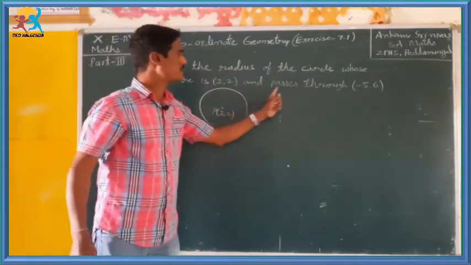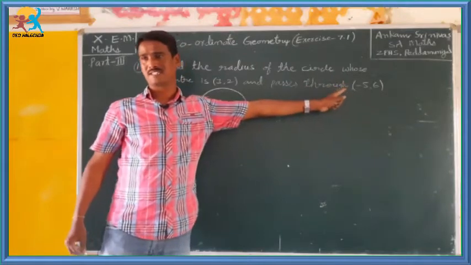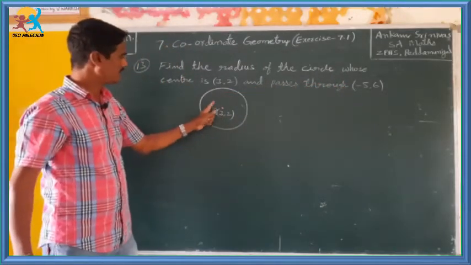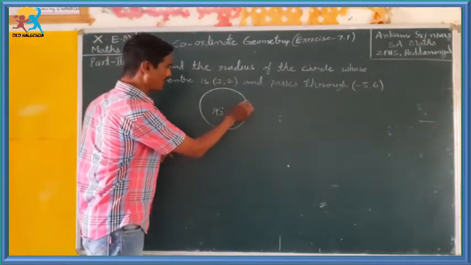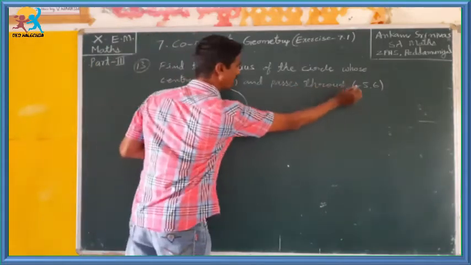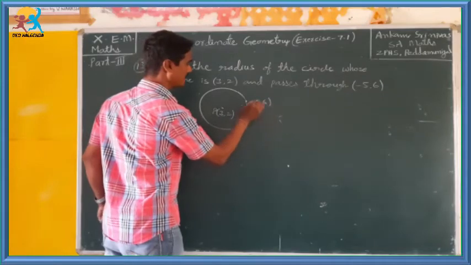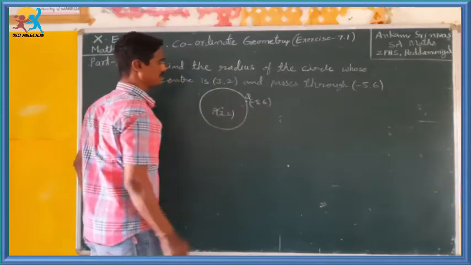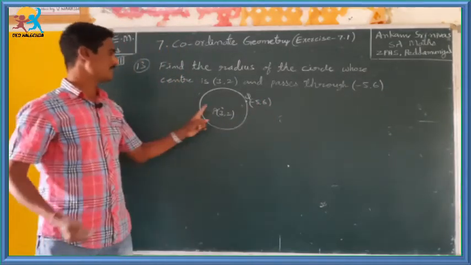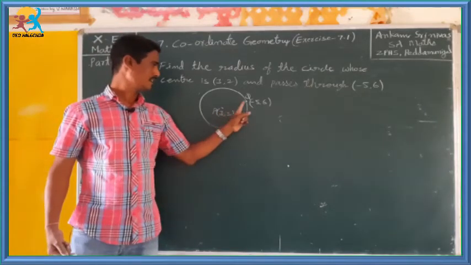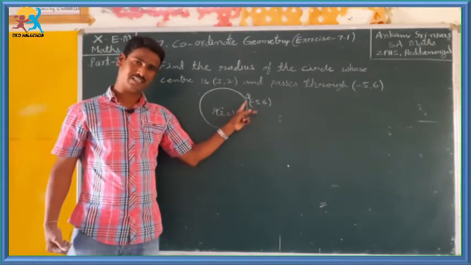It passes through minus 5 comma 6, that means the circle passes through a point, let us suppose Q. Then P is the center of the circle and Q is a point on the circle.